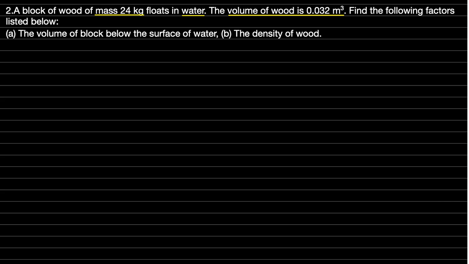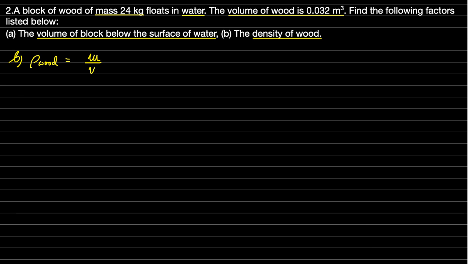The first thing we need to find is the volume of the block below the surface of water, and then we need to find the density of wood. First I'll be doing the B part here, because we need to do the B part first, otherwise we'll not be getting the first part answer. So B, density of wood. Density formula is mass divided by volume.